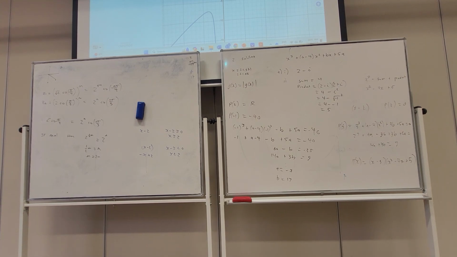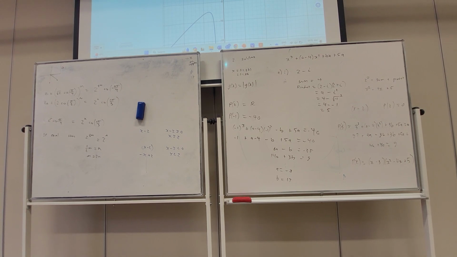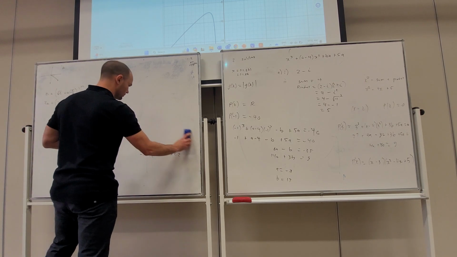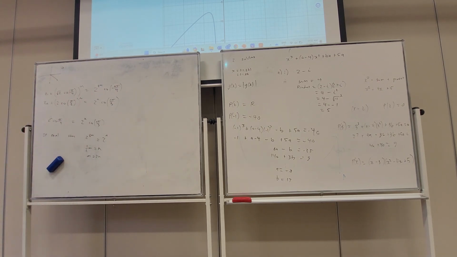Okay, hence find the smallest positive integers m and n such that z1 equals z2. So we want them to be the same, and we've got m equals 2n. So let's perform a substitution: where m is, I'm going to write 2n instead. I reckon that might be the best way to do it.